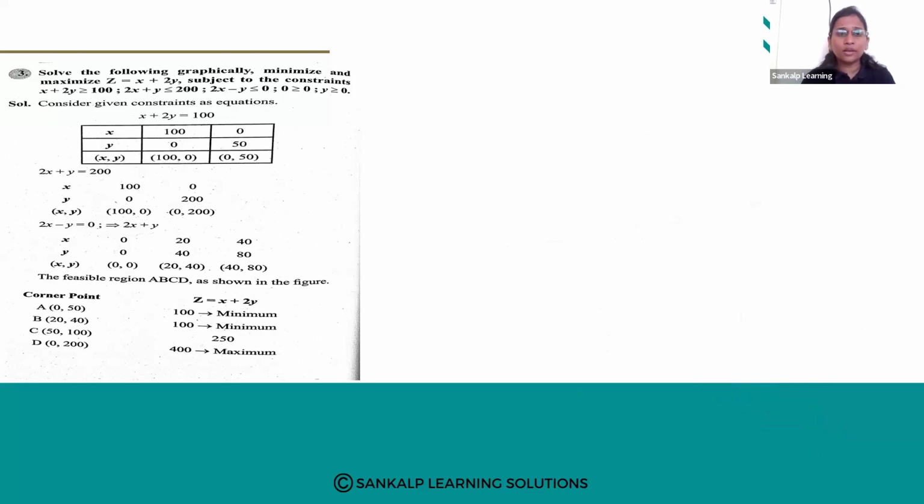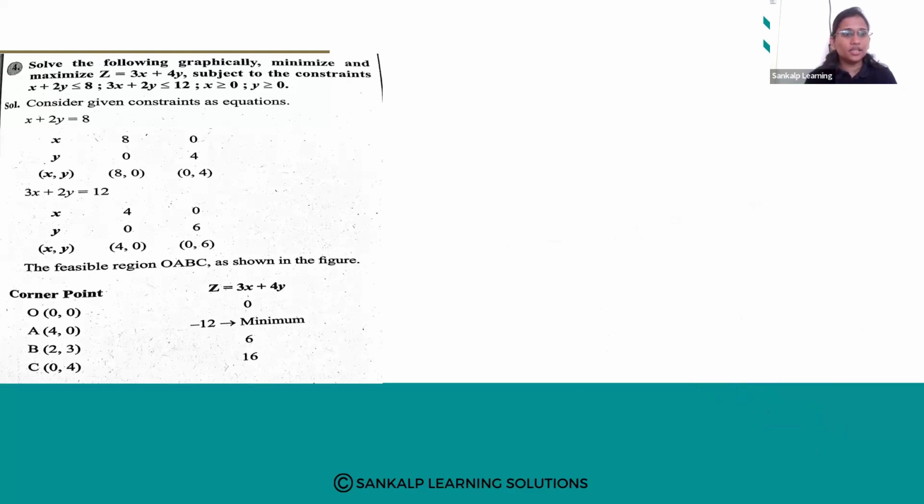Now we have seen three very important questions, passing through the origin. Okay, similarly, next question, let us see. Solve the following graphically, minimize and maximize both for the objective function 3x plus 4y subject to the constraints. First constraint, what is there? x plus 2y less than or equal to 8. If we equate this to 8, x is 8,0 and this is 0,4.